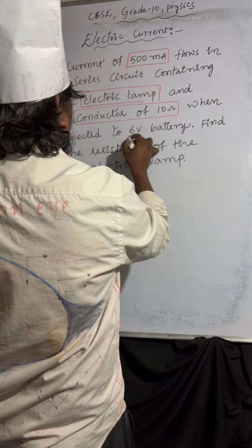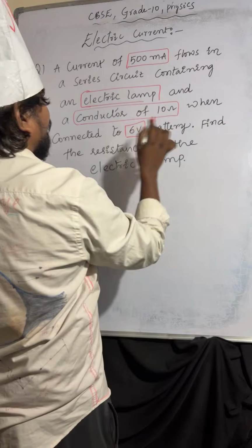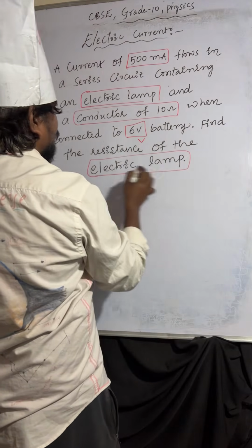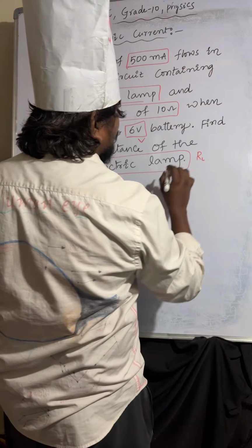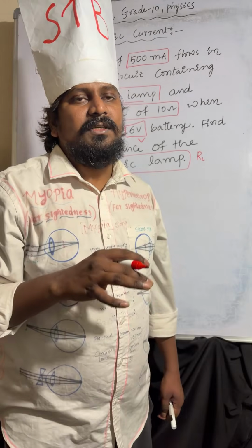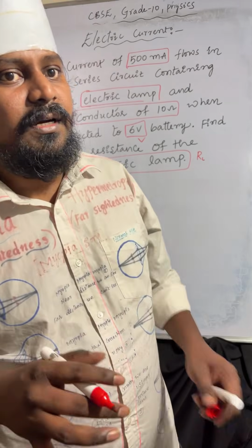When connected to a battery, the potential difference is given. Find the resistance of the electrical lamp. So that is the question. Understood?